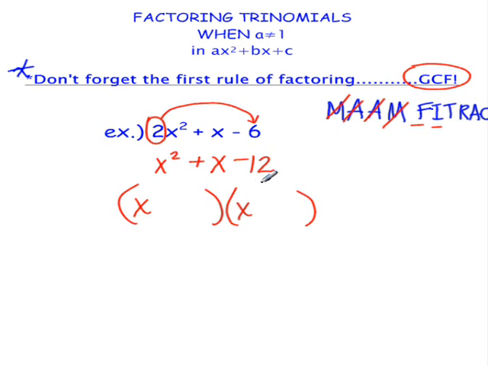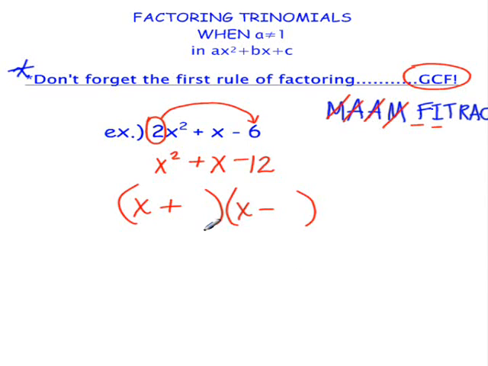We've got to find two numbers that will multiply together to get this number here, which is a negative 12. But at the same time, those factors have to add together to get a positive 1. So multiply to get a negative number and add to get a positive. Well, the only way to multiply and get a negative number is for our signs to be different, a positive and a negative.